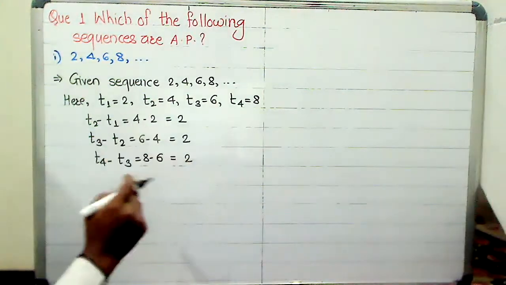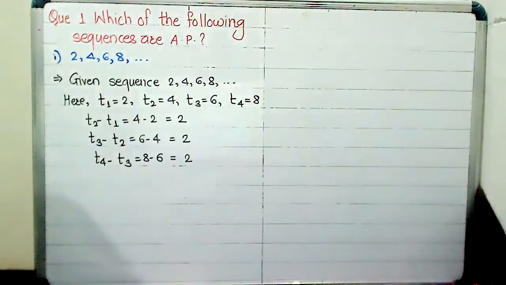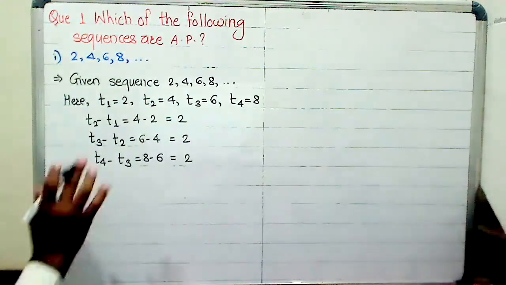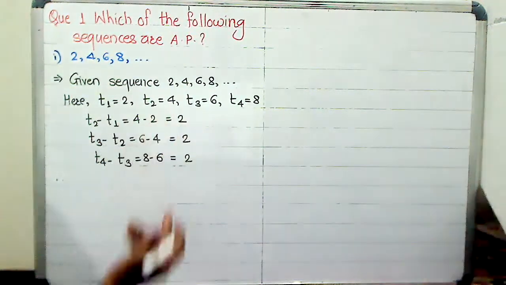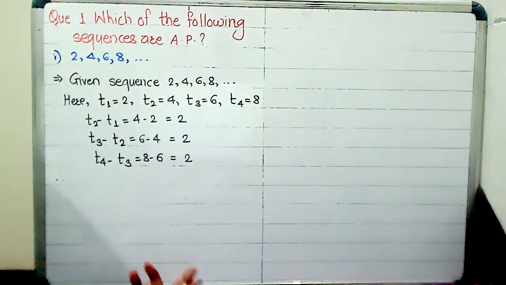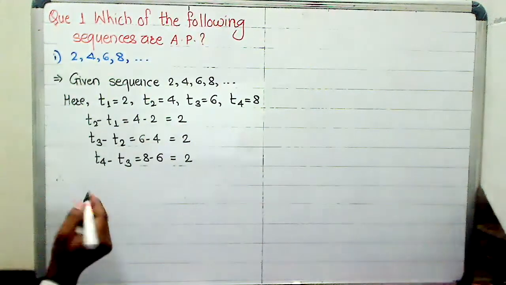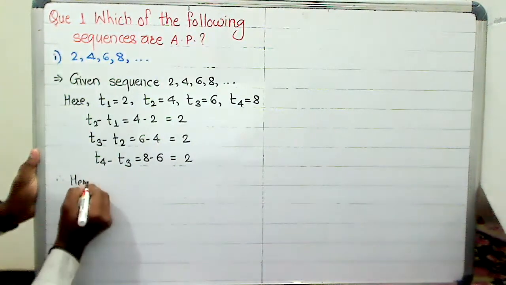If you observe carefully, the difference between any two consecutive numbers is the same. Therefore, the given sequence is an arithmetic progression. The difference between two consecutive numbers is called the common difference. So the common difference D is 2.